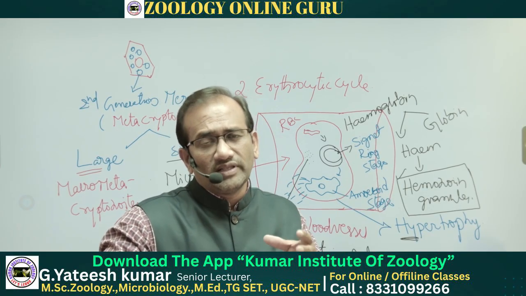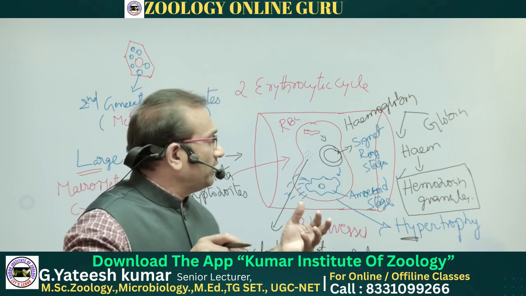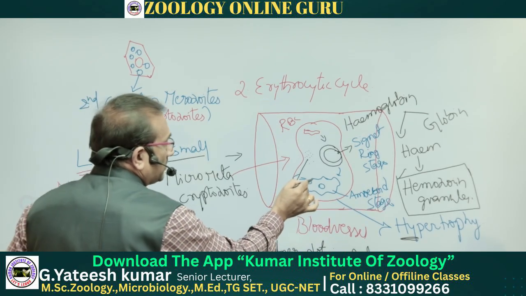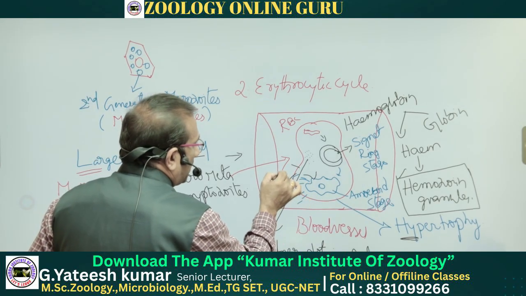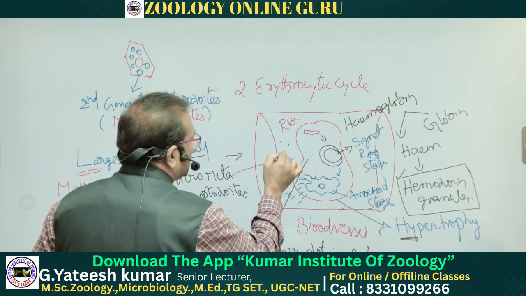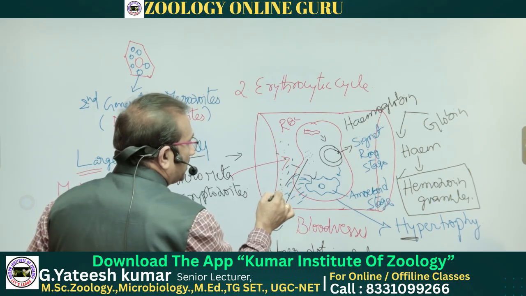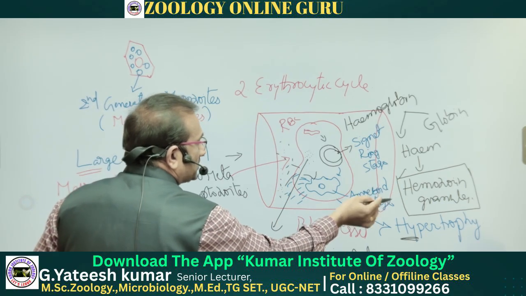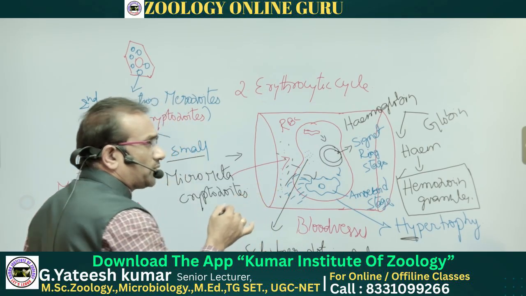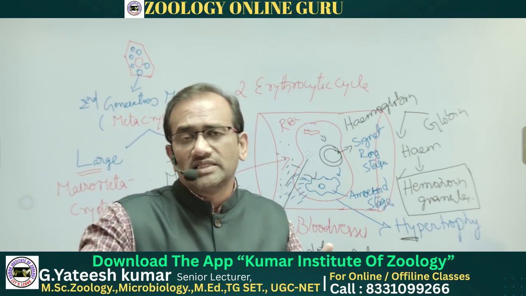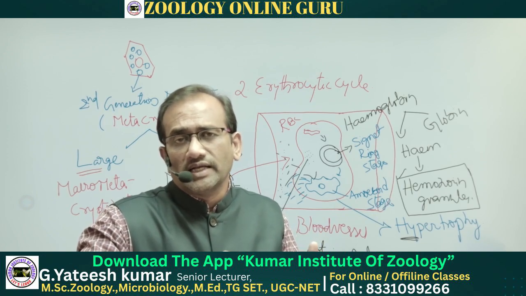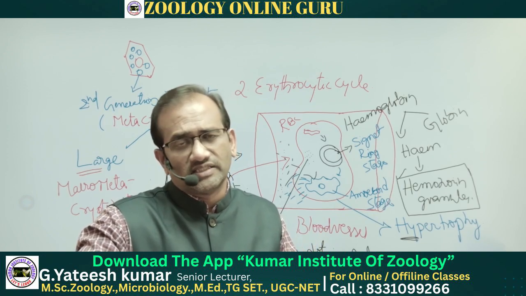The symptoms occur whenever the amoeboid stage bursts, and then the RBC also bursts, and all this content enters the bloodstream. Whenever the hemozoin granules enter the bloodstream, the person shows the malarial symptoms: cold stage, hot stage, and sweating stage.